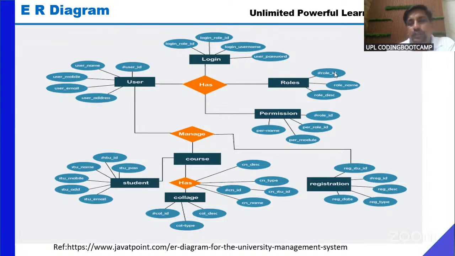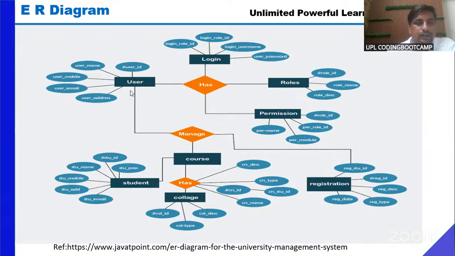Similarly, roles: ID, name, description, and permission. So like this, we can have manage course. The student enrolls for a course, and the course has colleagues, a teacher or something like that. Registration is also there. For this structure, don't focus on the logic; focus on my words.